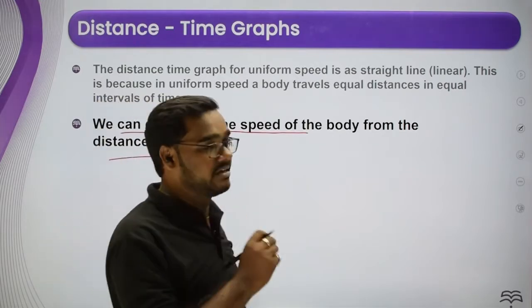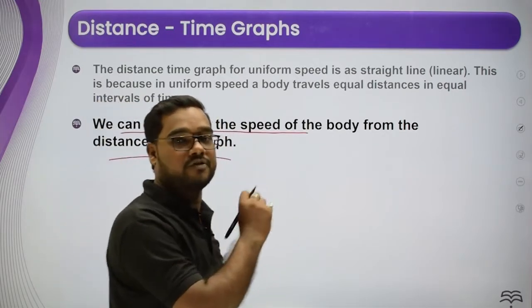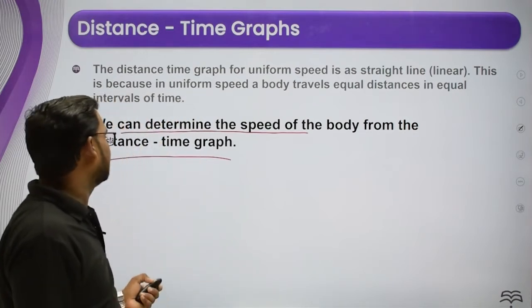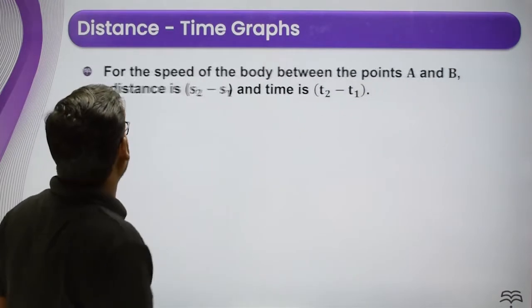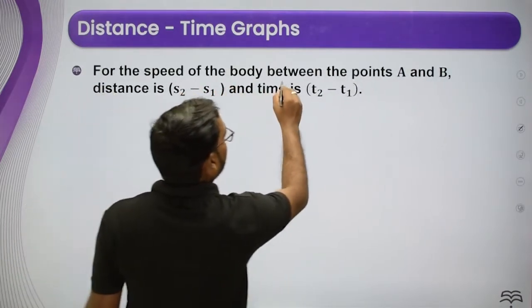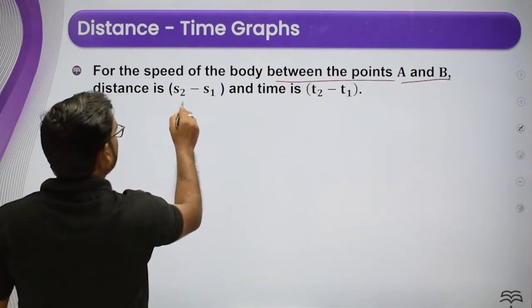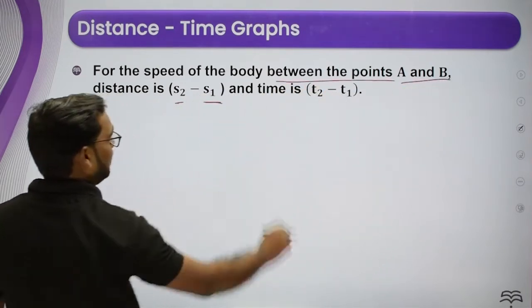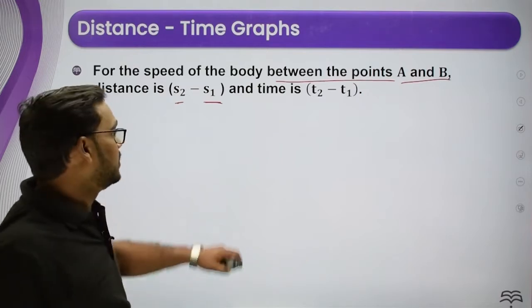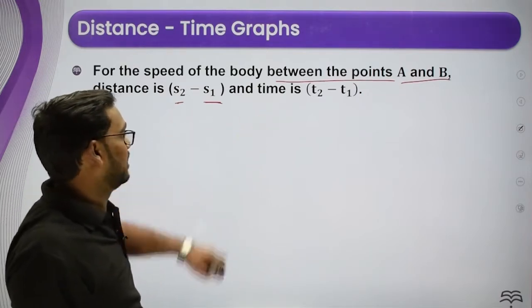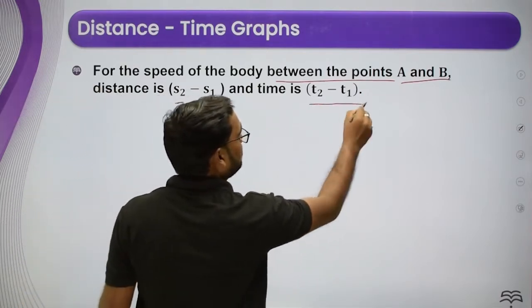Now the speed of a body between 2 points, let's say A and B: the distance between the 2 points is s2 minus s1 and the time is t2 minus t1.